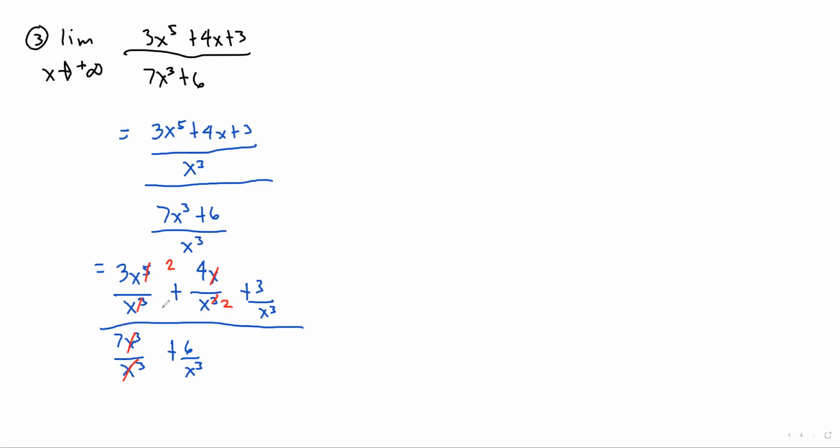Ito, cancel out. Sa equation natin, magiging 3 over 7 x squared. Yung mga natirang may variable sa denominator, magiging 0, di ba? So, ito na yung natira sa atin.